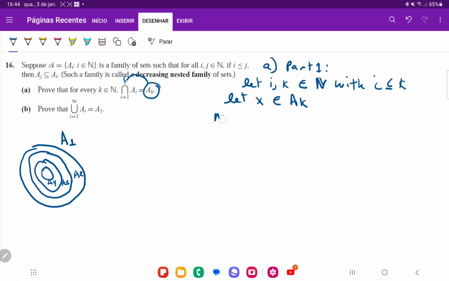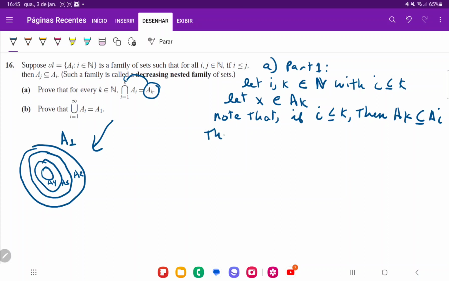Now note that if i is less than k, then a sub k is contained within a sub i, right? This is the idea over here. And so, because i is less than k, for all i with 1 less than or equal to i less than or equal to k, x belongs to a sub i.